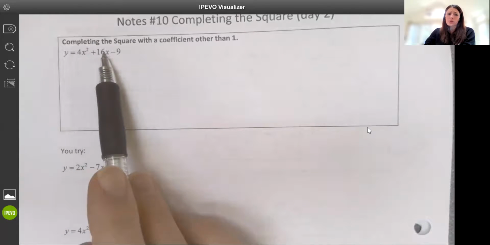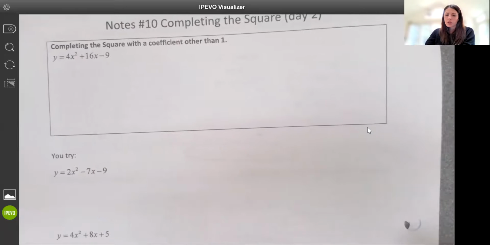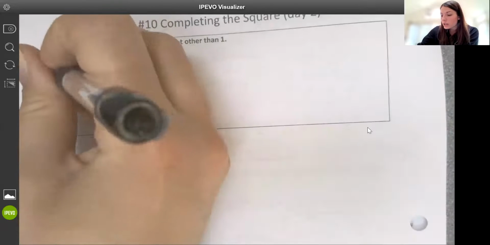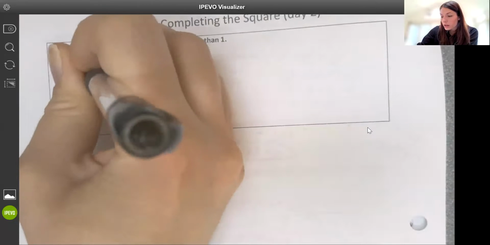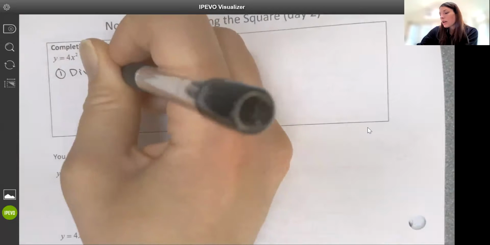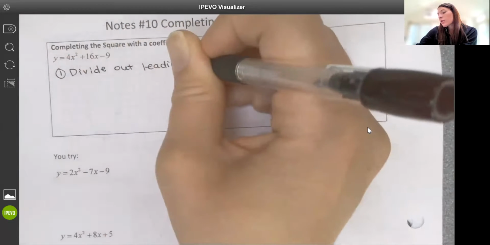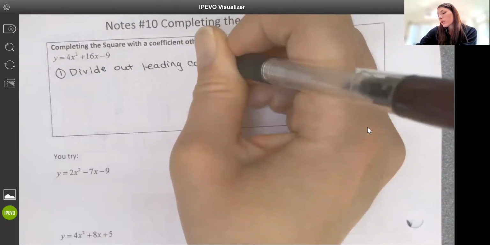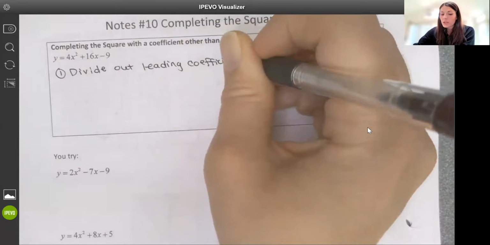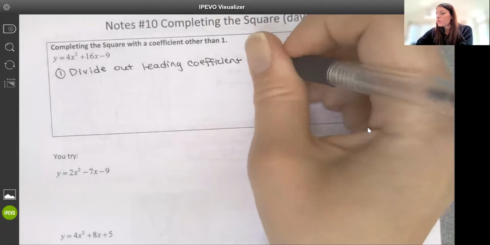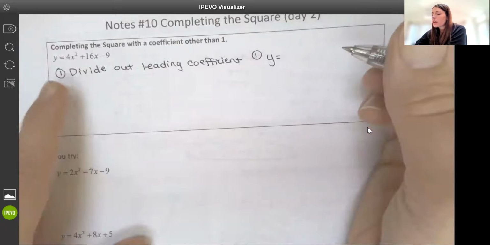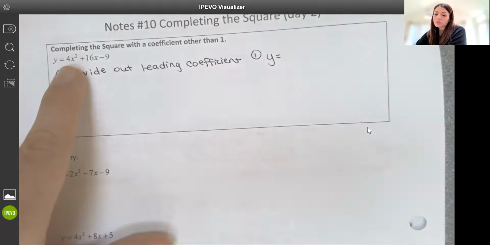So here I have 4x squared plus 16x minus 9. The first thing that we need to do is divide out the leading coefficient. However messy the dividing out is, we need to divide out that coefficient from all of our terms.